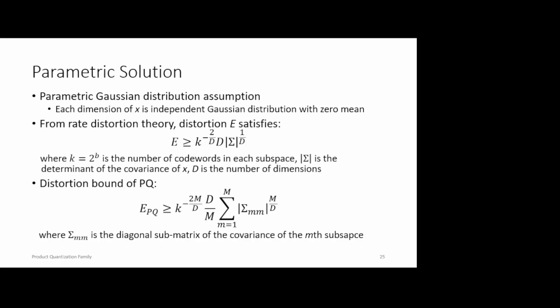This is the extension to the PQ version. Just ignore how to derive the theory, just know there's already a theory. Under the Gaussian distribution, the distortion is satisfied like this.